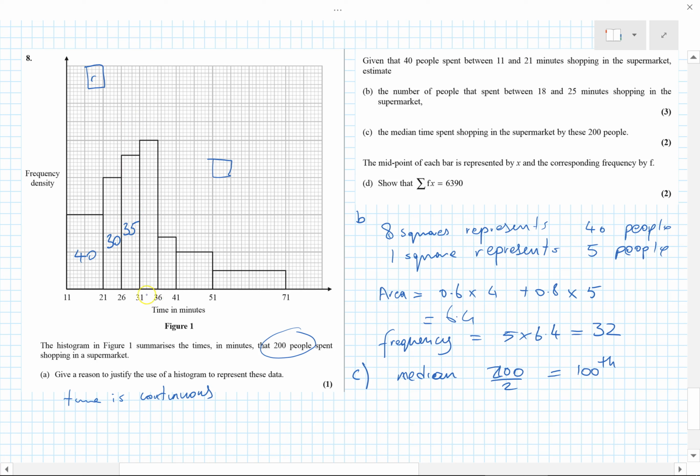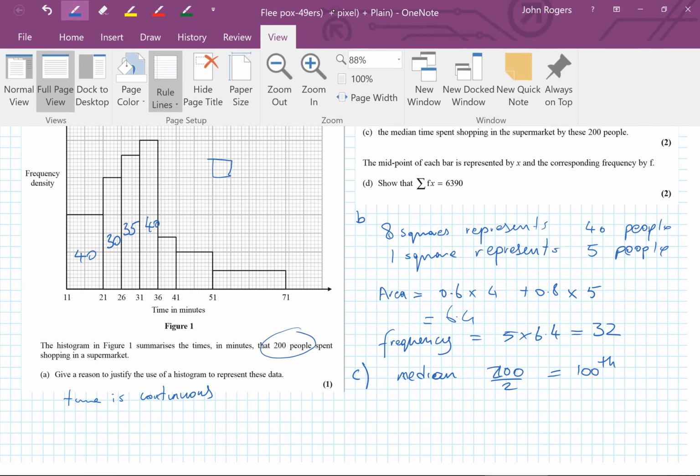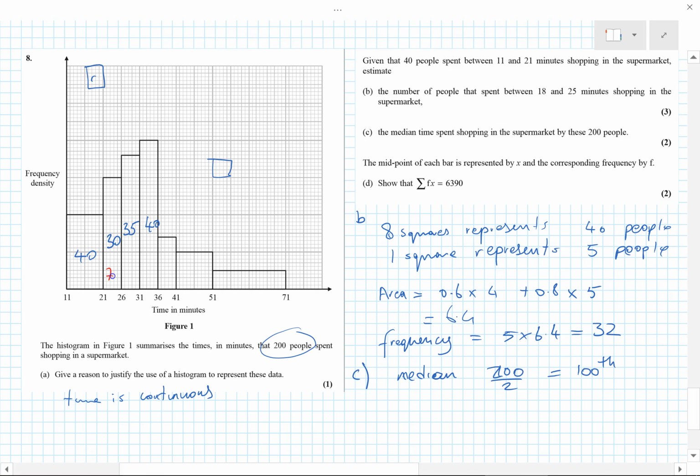And between here, it's got a class width of 5 and an area of 8, so this has a frequency of 40. Cumulatively, let's write this in red. We've gone up to 70 there. We're already up to 105 here. So the median is in here somewhere.